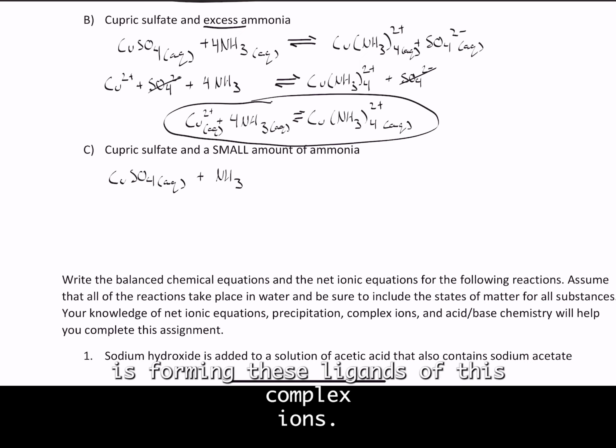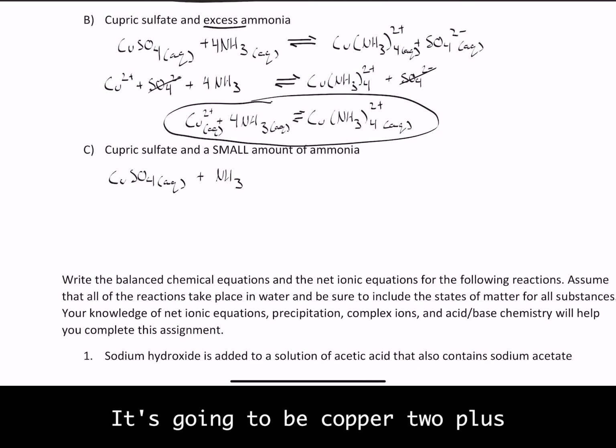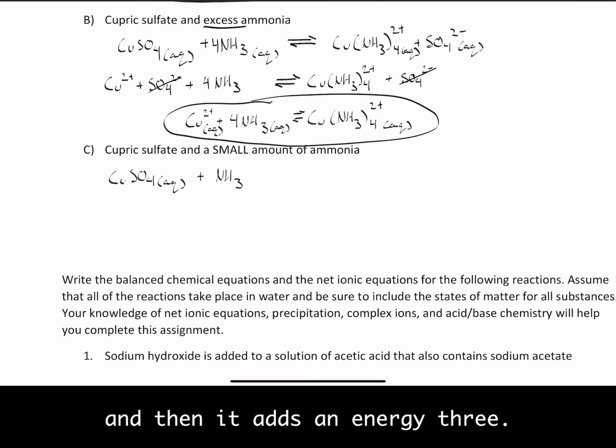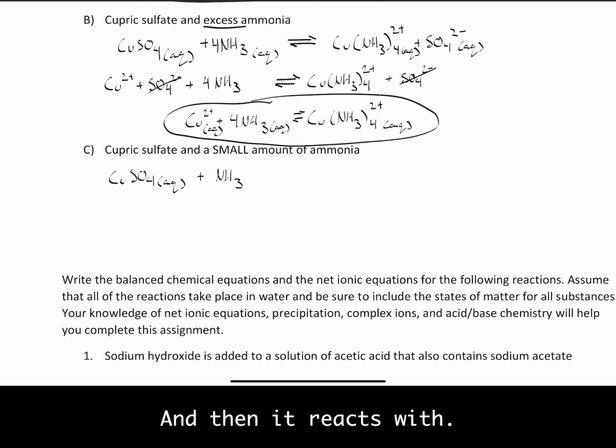So when copper is forming these ligands and this complex ion, it's going to be copper 2 plus, and then it adds an NH3, and that's a 2 plus, and then it reacts with another one.